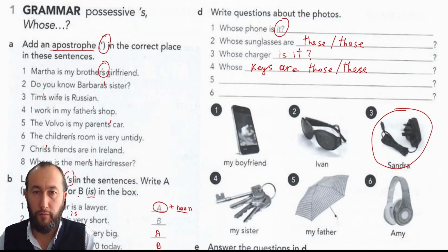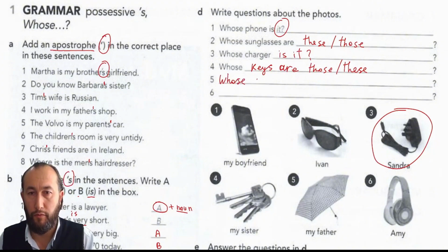So number 5 is umbrella. So we're going to write here whose umbrella is it? Number 6 is headphones, plural.